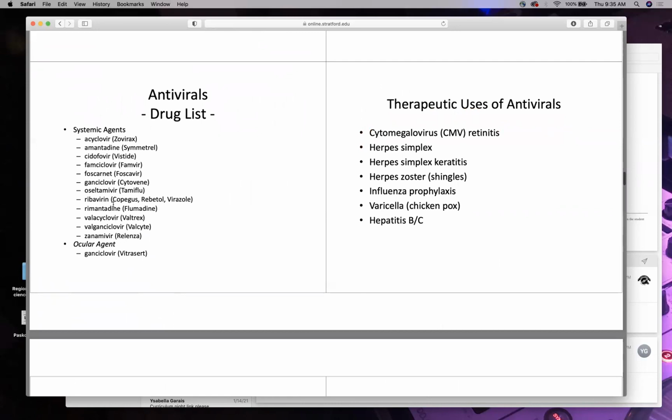So here are some systemic agents. And you could see here in the name, Vir, right? For Zovirax. So you'll have a lot of Vir. Even here in the proprietary name or the brand name, right? Virazole.